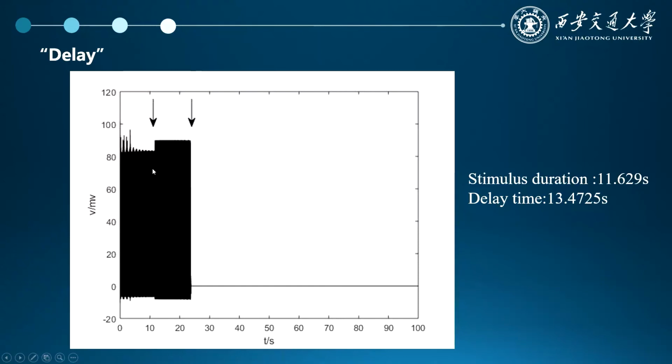That's to say, the moment the stimulus stopped equals the duration the stimulus continued. And then the second arrow is the moment firing of the neuron stopped. The duration between the two arrows is called delay. After the stimulus stopped, the electromagnetic field caused by neural firing keeps the neuron firing.